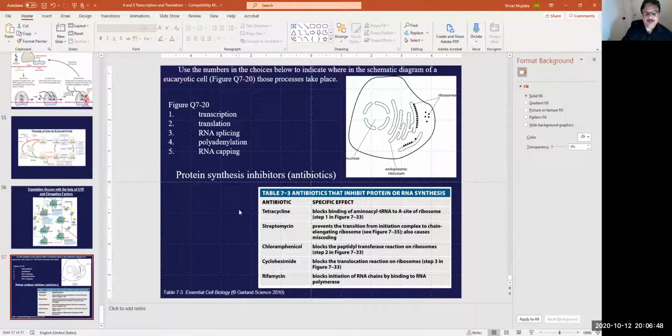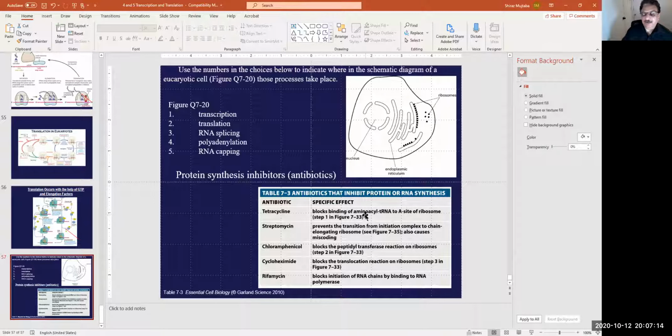Last slide, which is very important from an application point of view. We all consume antibiotics in case of bacterial infections. And these antibiotics mainly target the transcription and translational machinery. So tetracycline blocks aminoacyl tRNA binding to the A site of the ribosome.